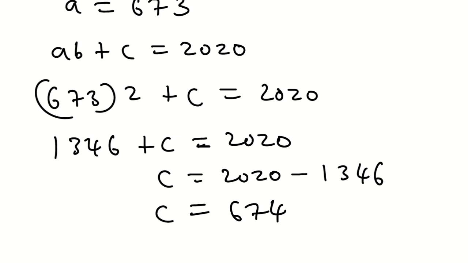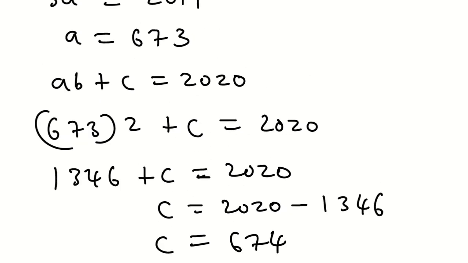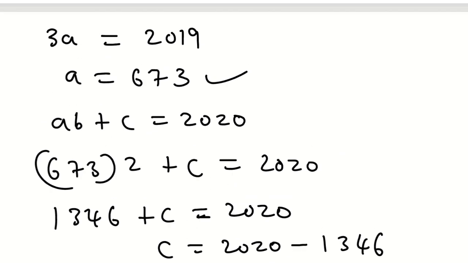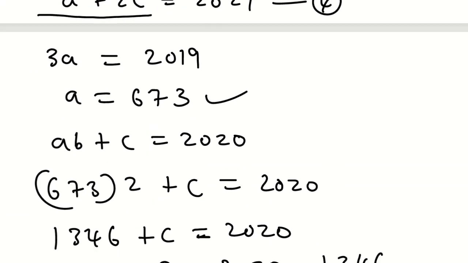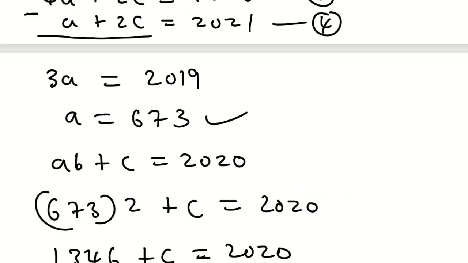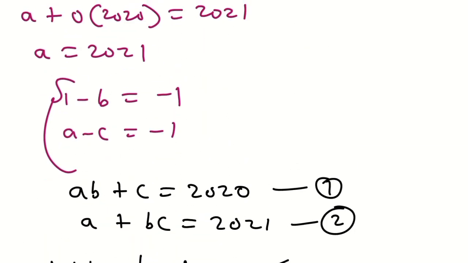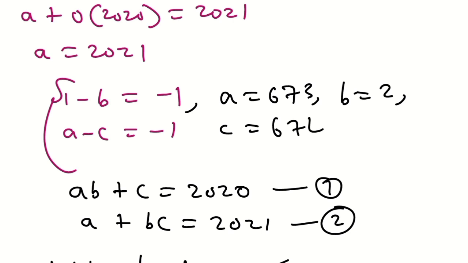So we now have the values of a, b, and c. So a is 673, b is 2, and c is 674.